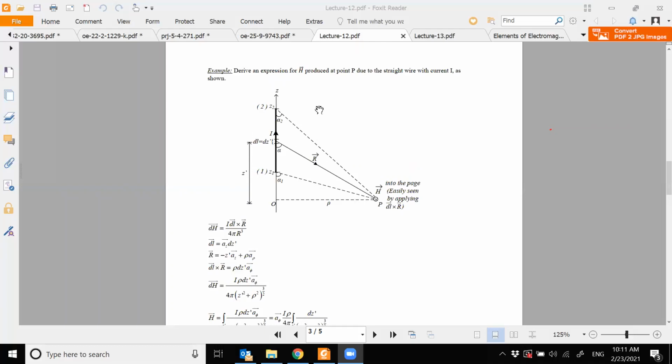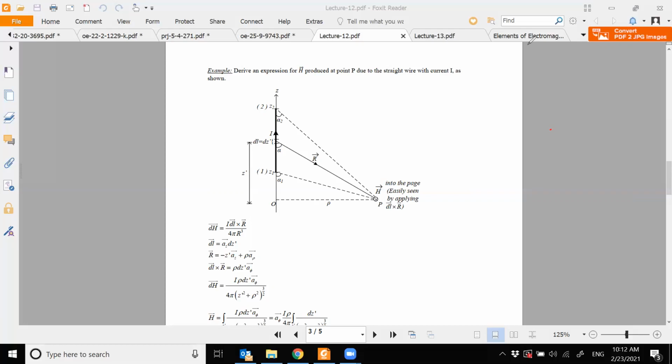So if you see here, this is a wire and this wire is of length Z2 minus Z1. So it's a finite wire, and it is placed on the Z axis. See, it is placed on the Z axis.